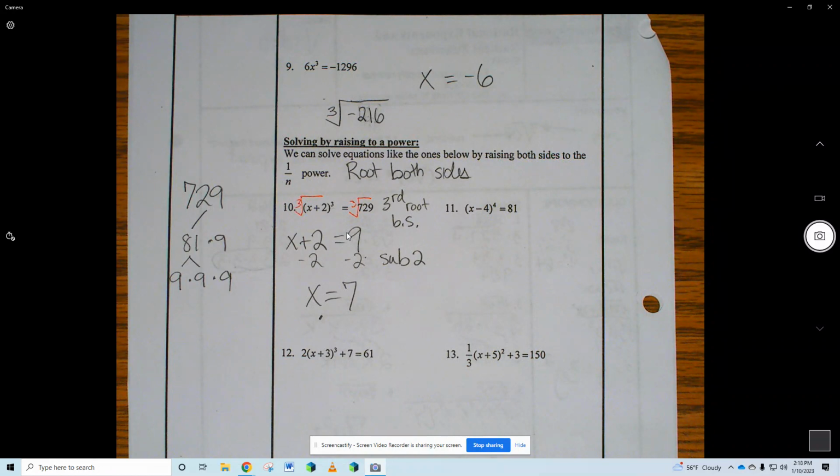Three. Is it 3 times 3? It is 3. But then it's a plus or minus. Yeah, so this is equal to 7.